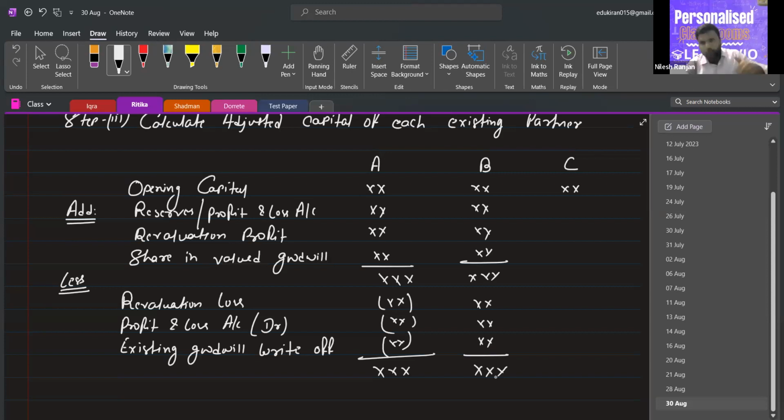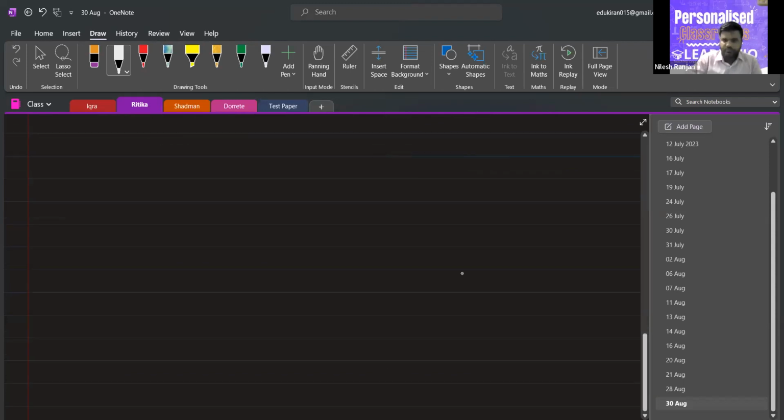We are going to change it, so we cannot say that it is our closing balance. Confused? Let me prepare a capital account here so that you can understand.